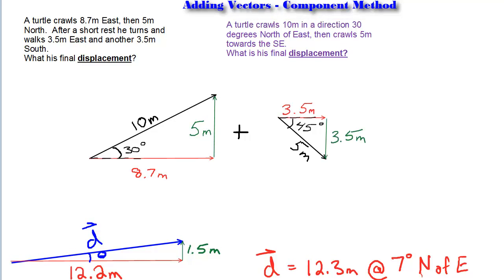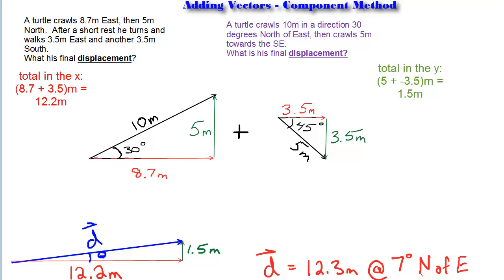So now that we have the components, it's pretty simple. We can add our x's together, or our horizontal components, to figure out what my overall horizontal vector is. And we can look at our two vertical components to figure out what we get overall vertically, just like we did before. So horizontally, I get 8.7 plus 3.5 to get 12.2 as we had before. Vertically, 5 meters is positive. 3.5 would be negative because it's down.